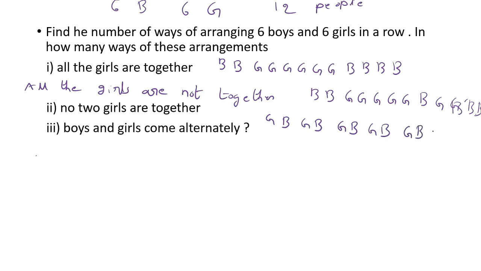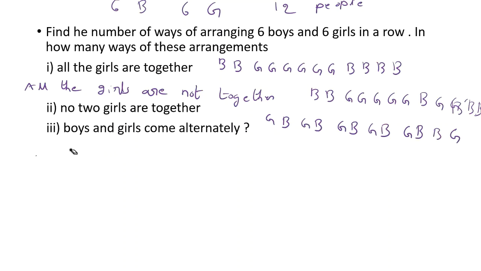And this one. So this is an arrangement in which no two girls are together. But you notice that there are two boys who are sitting side by side. But none of the girls sit beside a girl. So this is an arrangement in which no two girls are together.